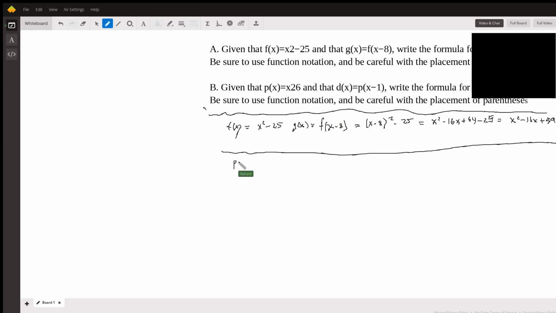So p of x is x to the 26th power. At least this is the way I'm interpreting the question. And d of x is equal to p of x minus 1.